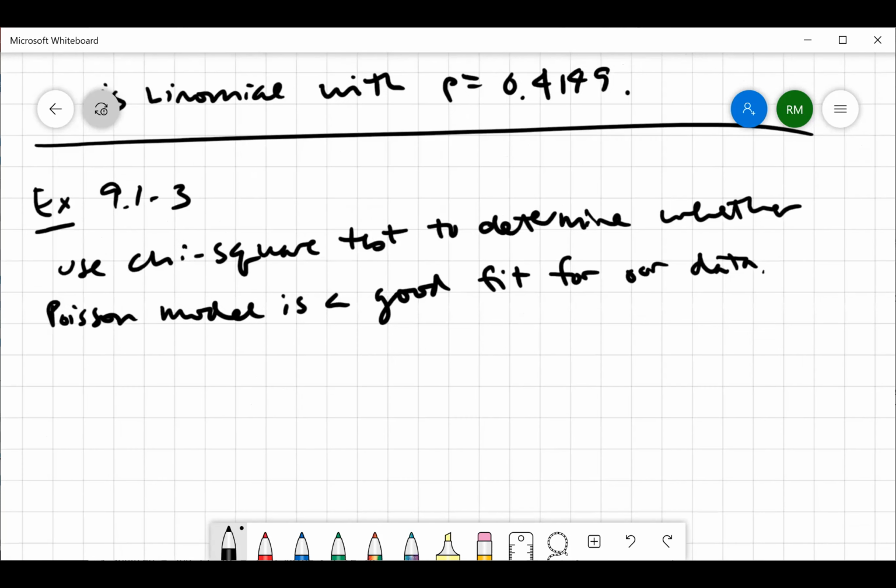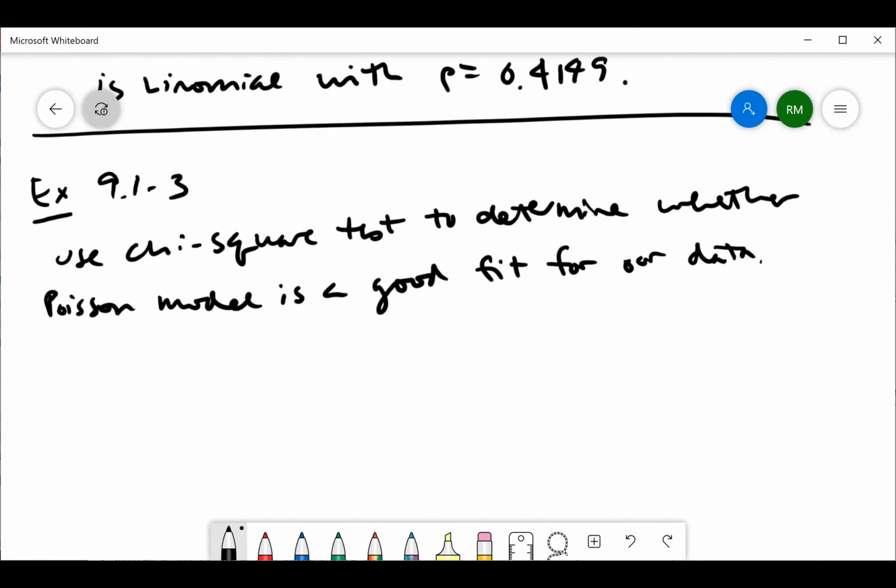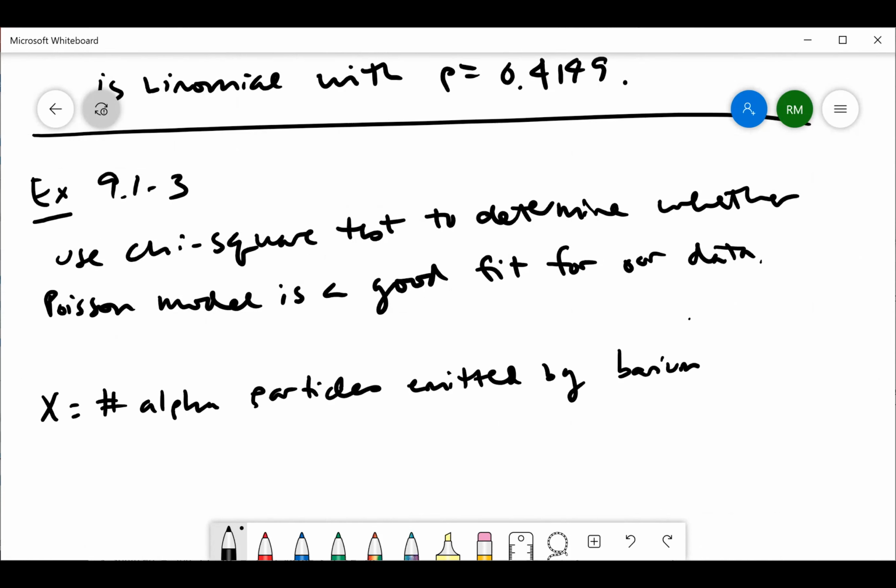Okay. So what's happening? So X is going to equal the number of alpha particles emitted by a sample of barium-133, a radioactive isotope, in 1/10 of a second, counted by a Geiger counter.